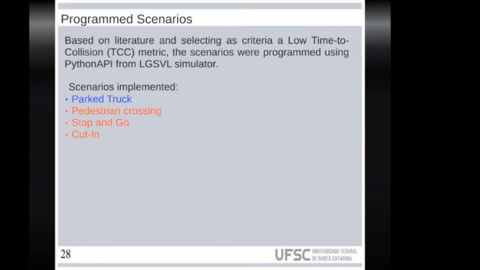Also pedestrian crossing, and stop and go, where the car in front stops and goes again and again. So it's always braking, and your ego vehicle must always brake or overtake. So it must decide what to do in this situation. And the cut-in, where another car from the other lane cuts in front of the ego vehicle.